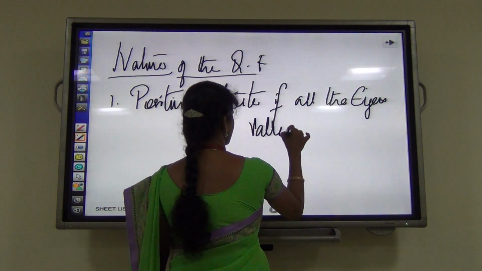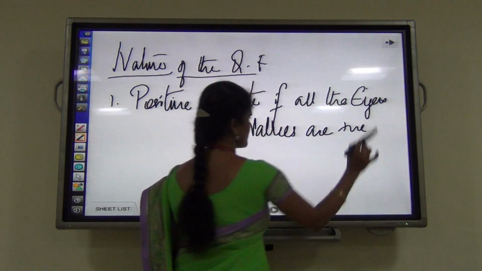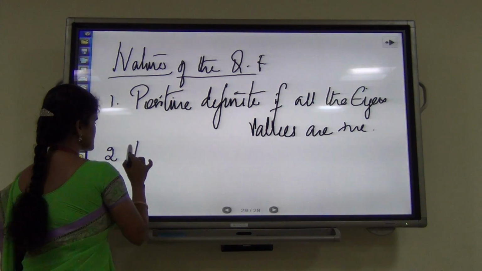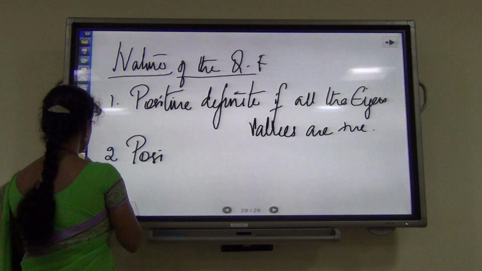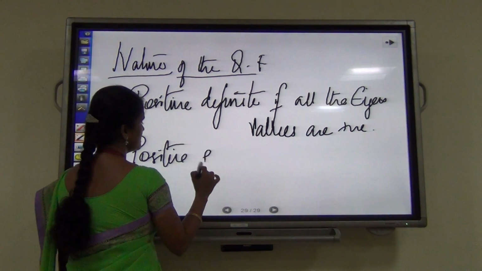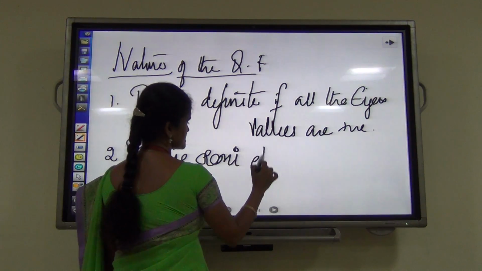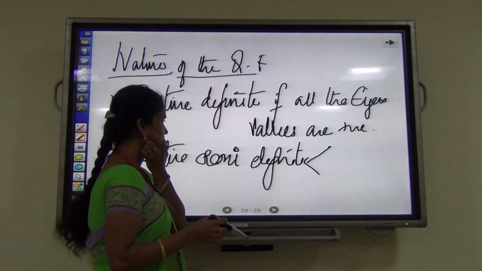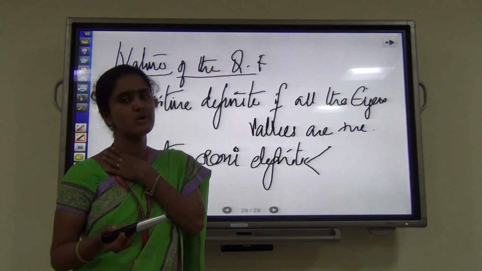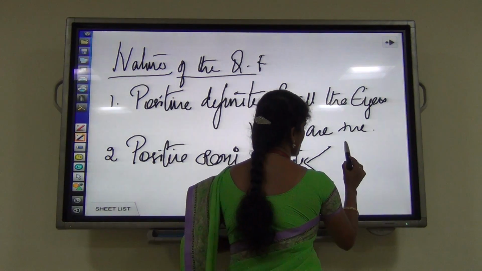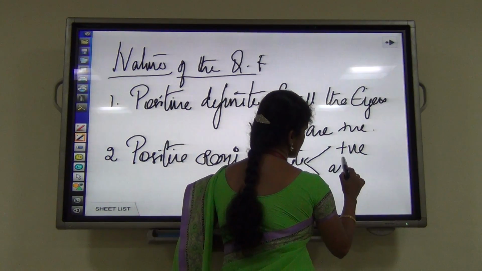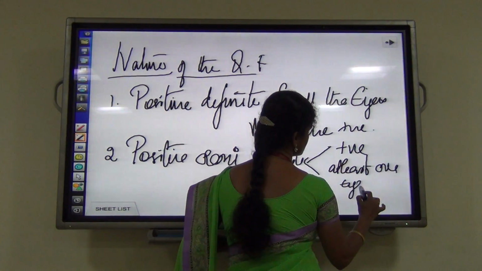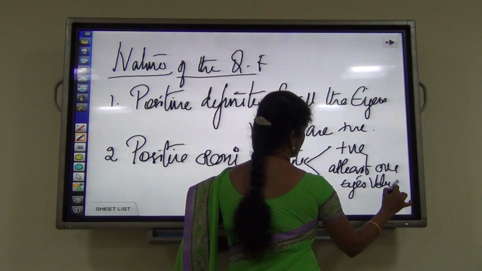We can also give the nature of the quadratic form as positive semi-definite, where all eigenvalues are positive with at least one eigenvalue as 0.